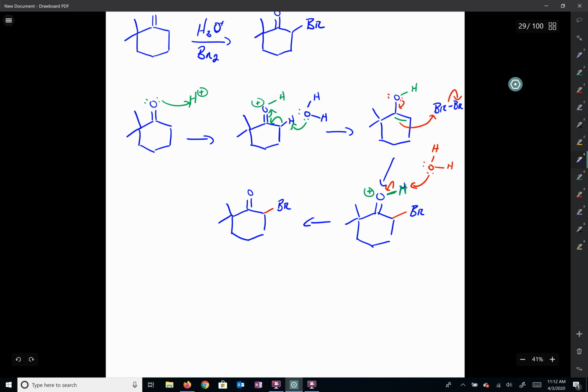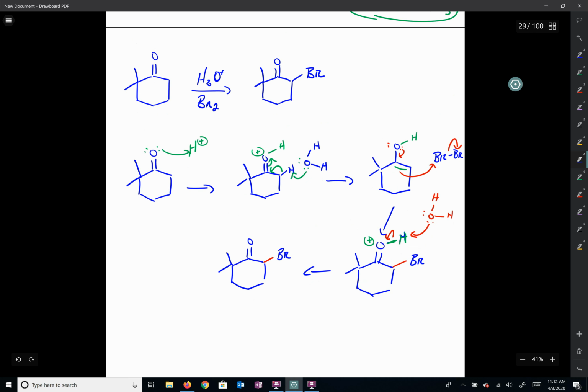So I'm not going to introduce that here, although it is in the book, and if you look online, they talk about it there. I'll just bring that idea back when we talk about alpha-beta unsaturated ketones later, okay? But the point being here is we can now selectively add a single halogen to the alpha position, and that's great. All right.